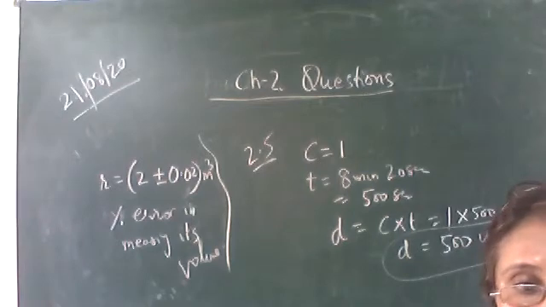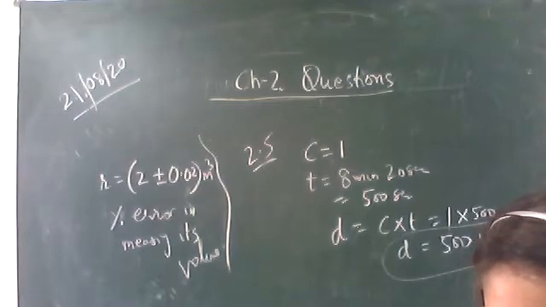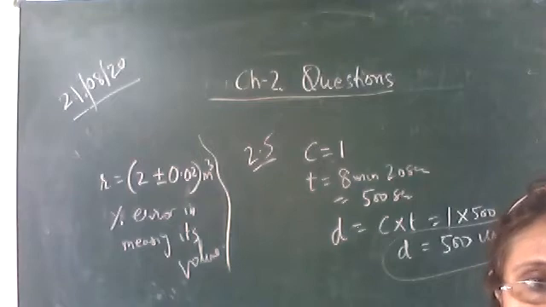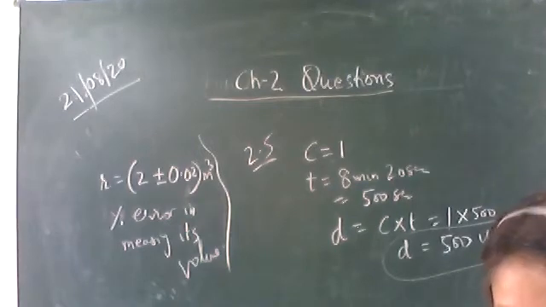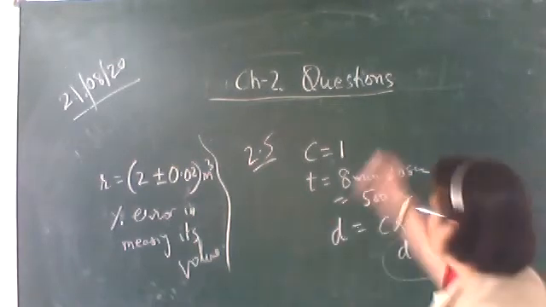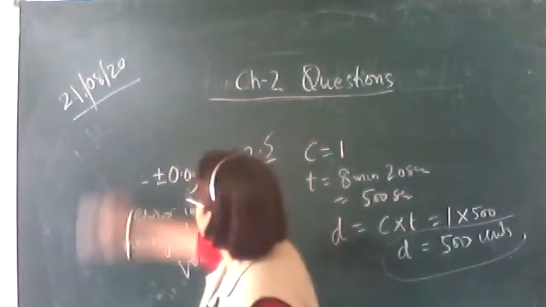Then we proceed to question number 10. State the number of significant figures in the following. I think everyone remembers the rules to find out the significant figures. So the A part is 0.007 meters square. What are the number of significant figures? 1.